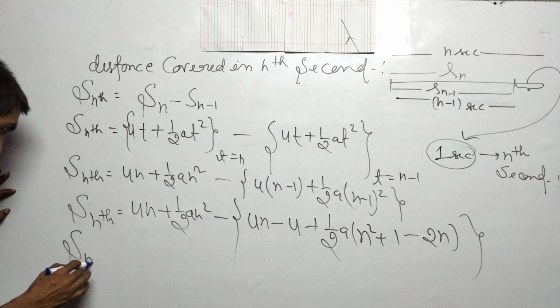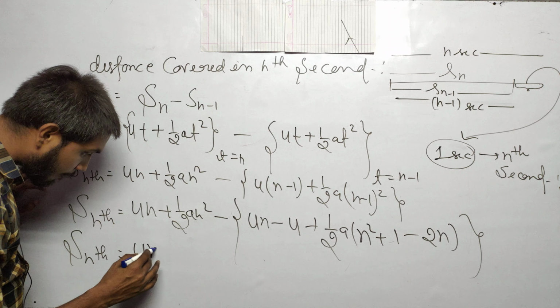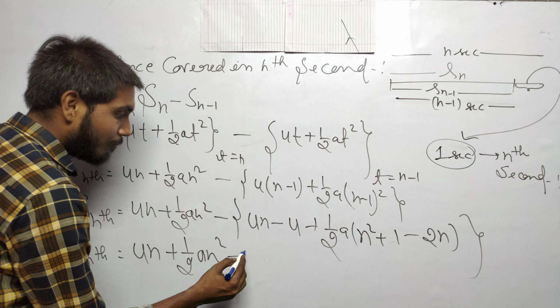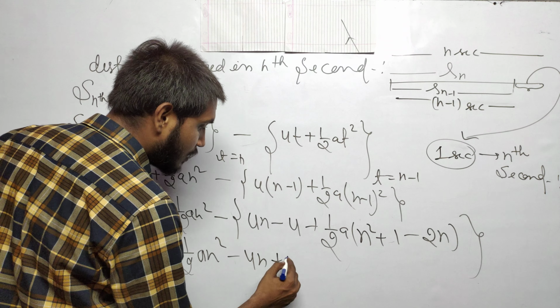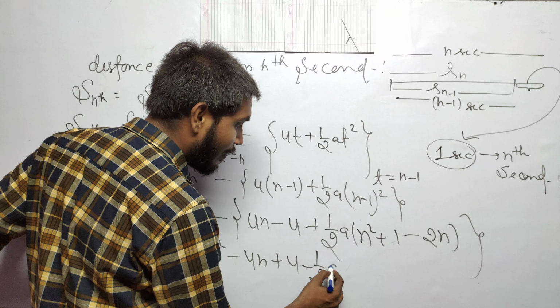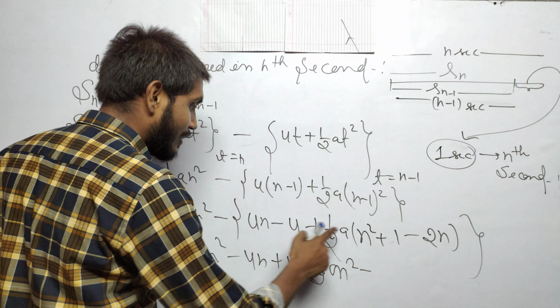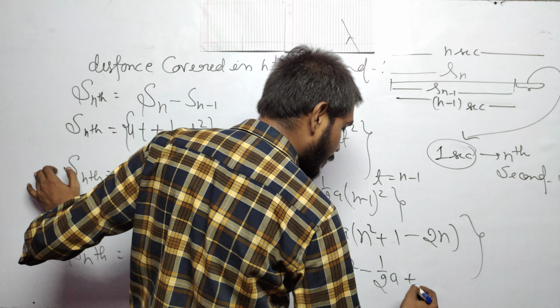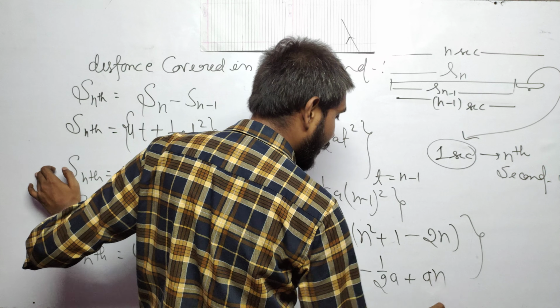Now we move forward with the calculation: un plus half an square minus un plus u minus half an square minus half a plus an.